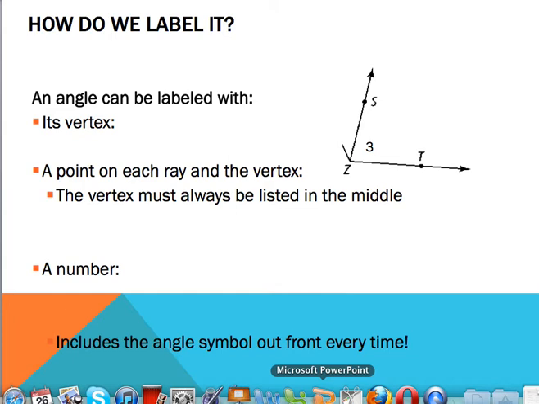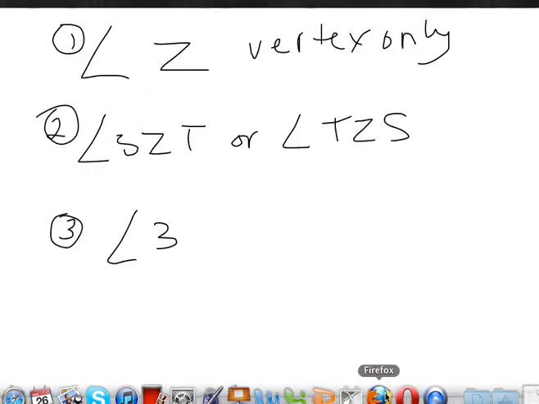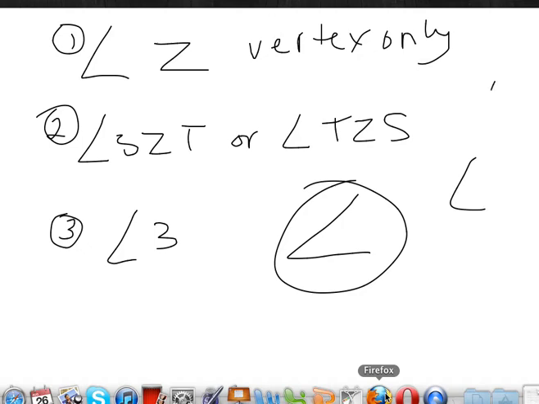So you'll notice that there's a number 3 drawn in this diagram at its vertex, so it would also be angle 3. Always, always, always draw your angle symbol, okay? This is your angle symbol. Get used to drawing it because it will help you in your problems if you can recognize it very quickly, and it also helped me to understand what you're talking about when you are answering questions for me.